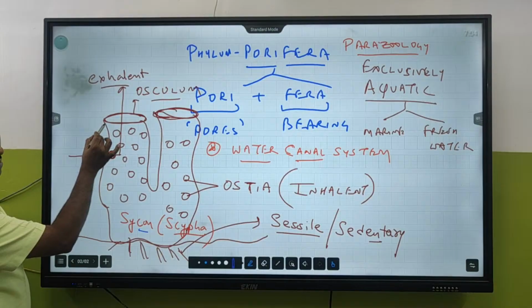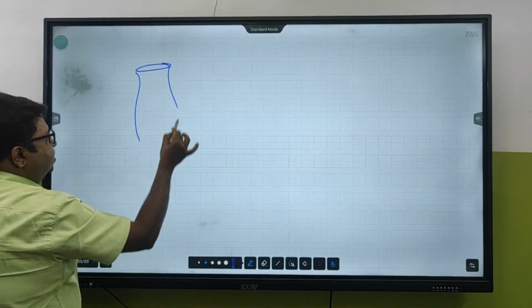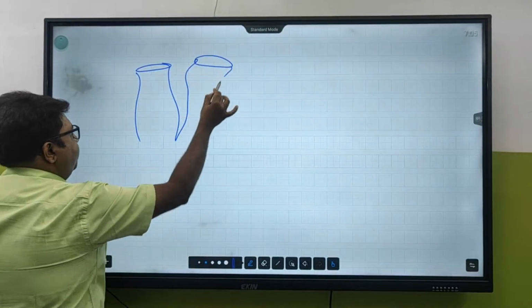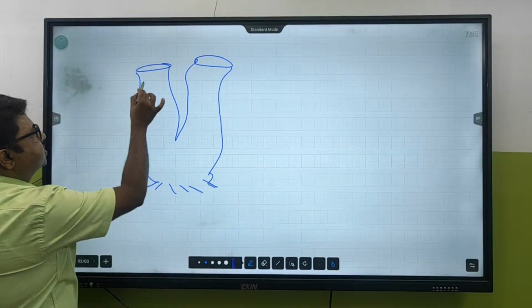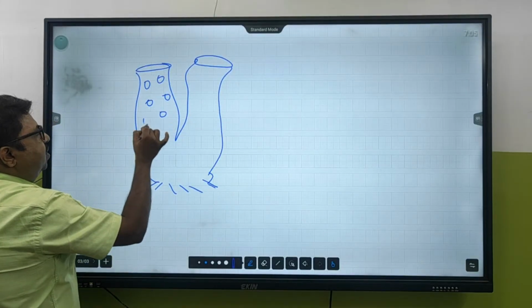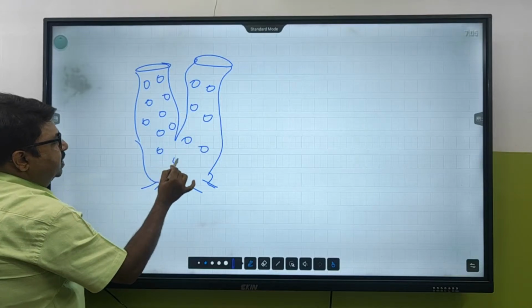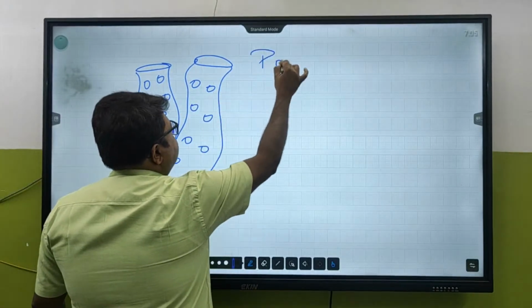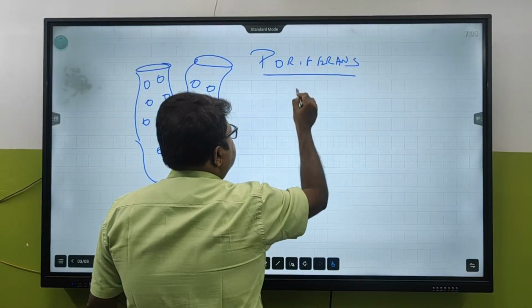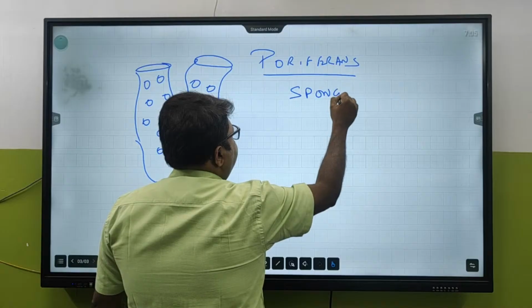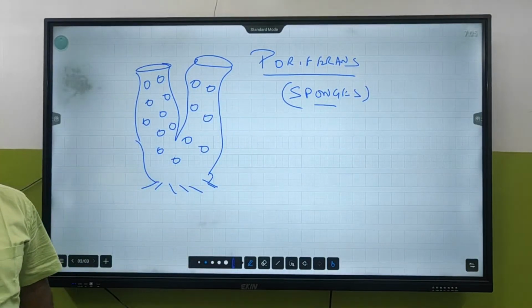Now, if you see the structure of these poriferans, Scypha or Cycon, the common name of these poriferans is sponges.